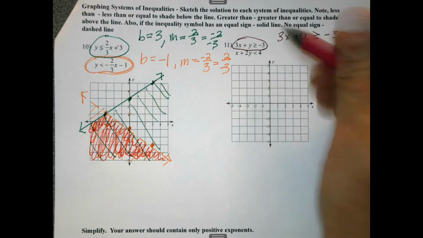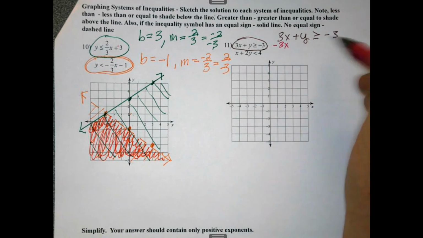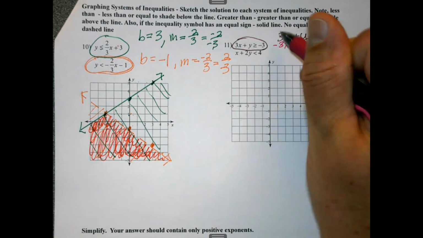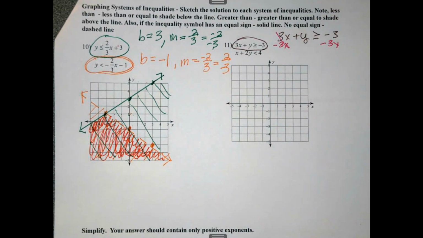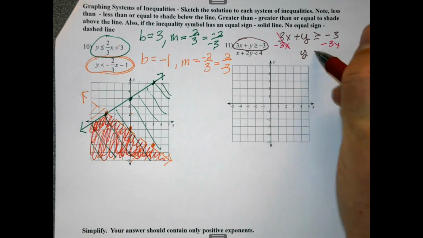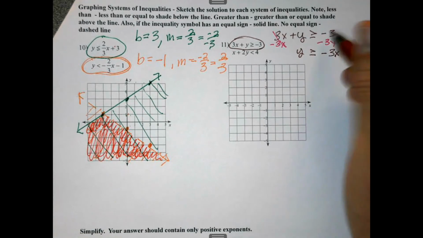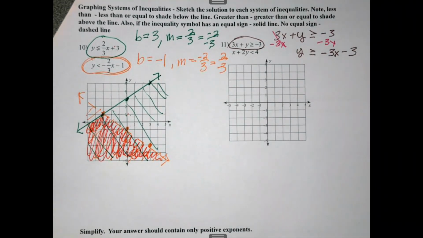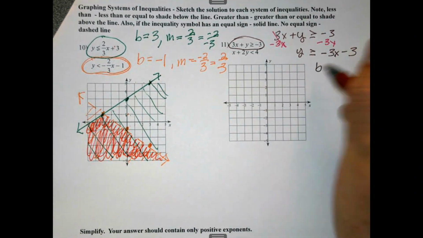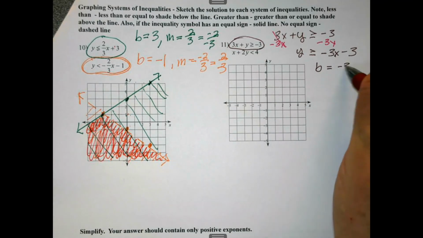Going to subtract 3x from both sides. So I get y is greater than or equal to, I'm going to put my x term first, negative 3x minus 3. So that means my y-intercept, negative 3.